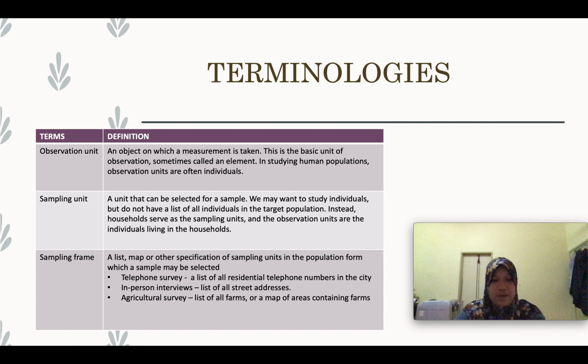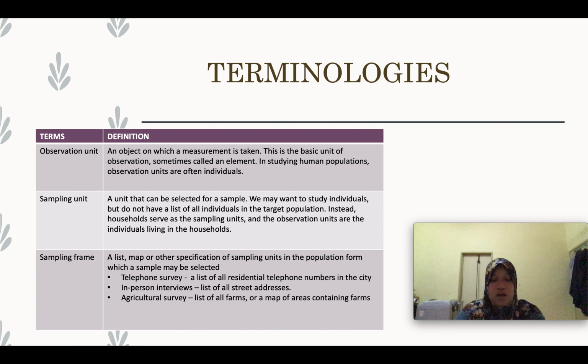Sampling frame is a list, map, or other specification of sampling units in the population from which a sample may be selected. For example, I already mentioned the attendance list. If you make a survey through telephone calls, your sampling frame is a list of all resident telephone numbers in the city.